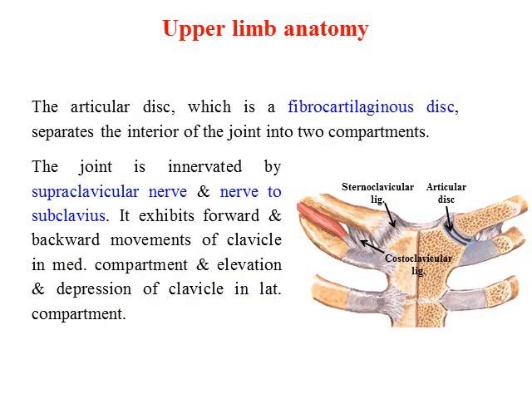The interior of the joint cavity is divided by the presence of the interarticular disc, which is a fibrocartilaginous disc that divides the interior of the joint cavity into two compartments, medial and lateral compartments.